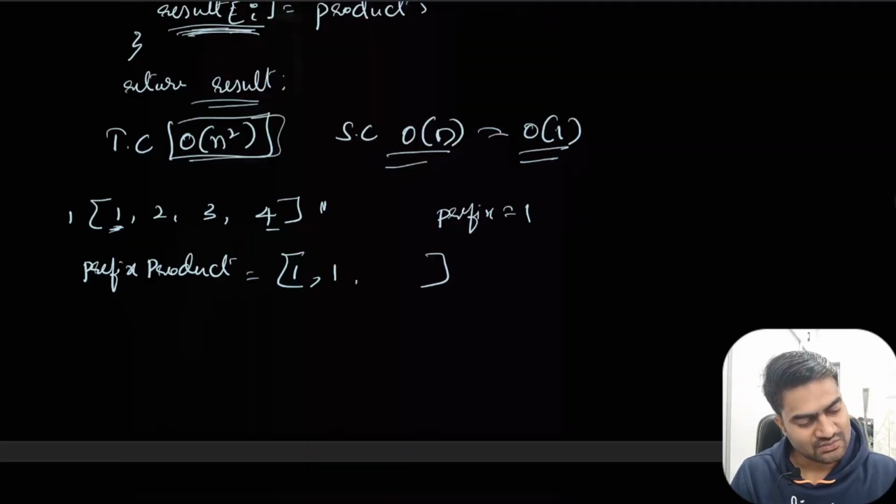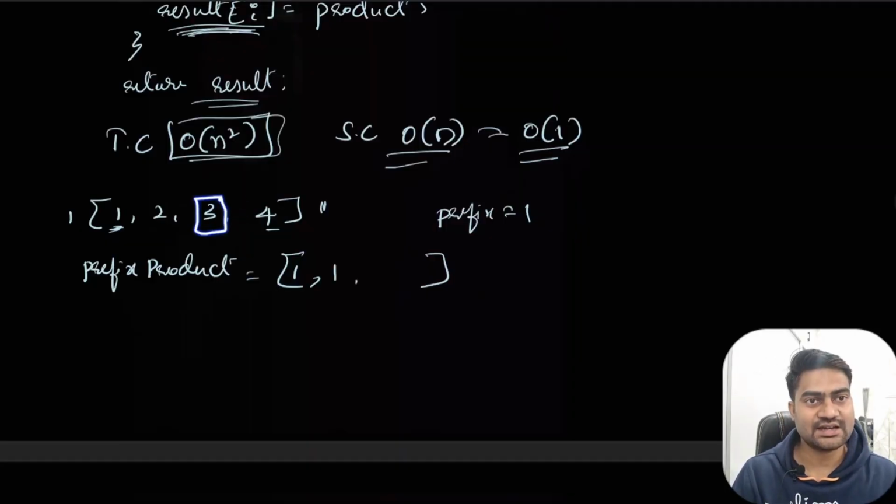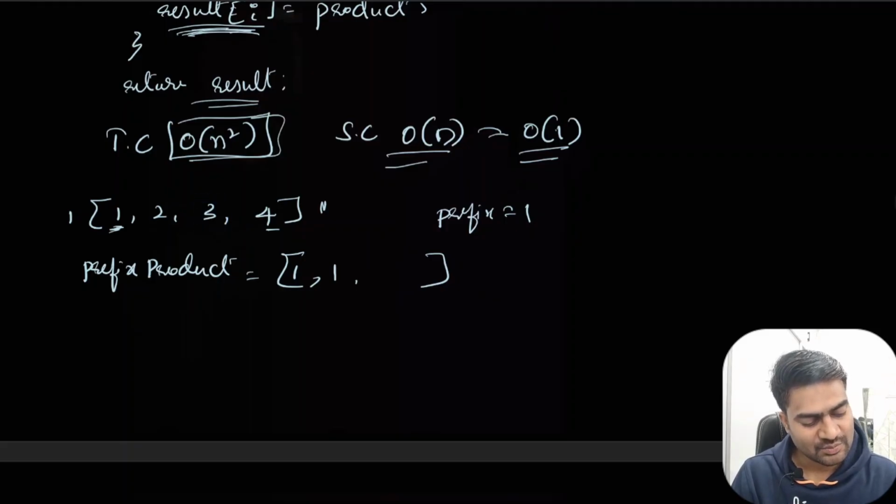Okay, now if I stand at this 3, then it will be the previous number into the prefix product of that number, which is basically 1 into 2, correct? So I will take 1 and this number, which is 2. So 2 into 1 will be 2, correct?